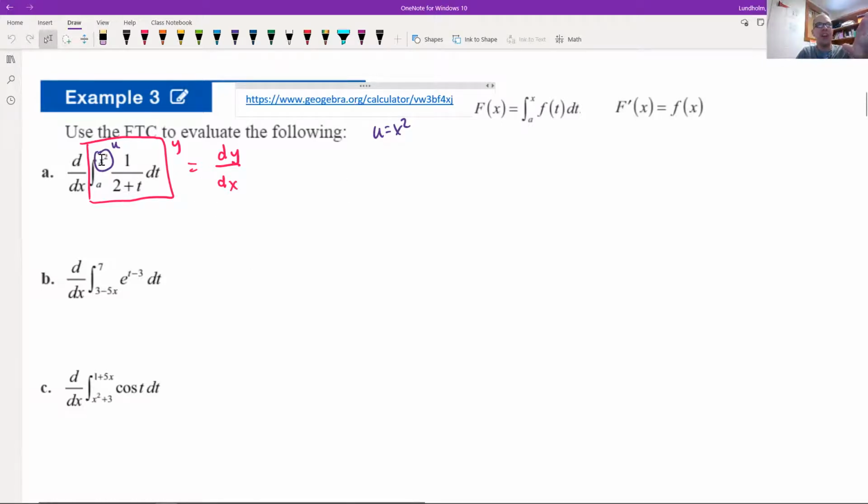And if we have an embedded function inside the area function, we can use the chain rule to expand this. And so what we can do is say dy du times du dx.